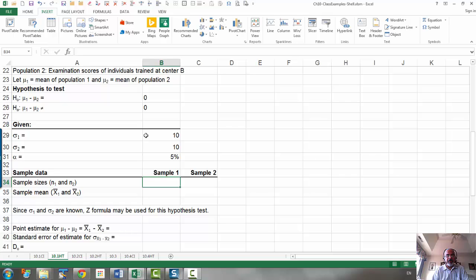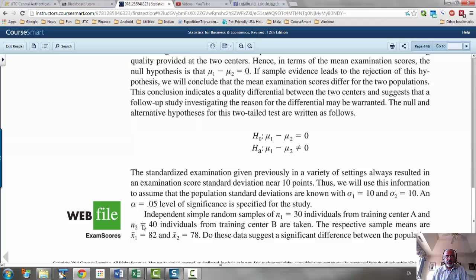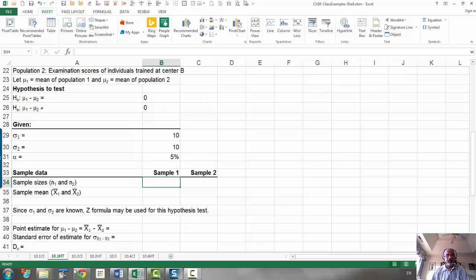The sample information is also given: n sub 1 is 30, n sub 2 is 40, and the means are 82 and 78 for the scores.